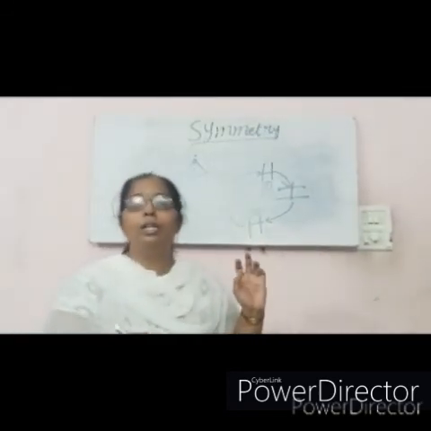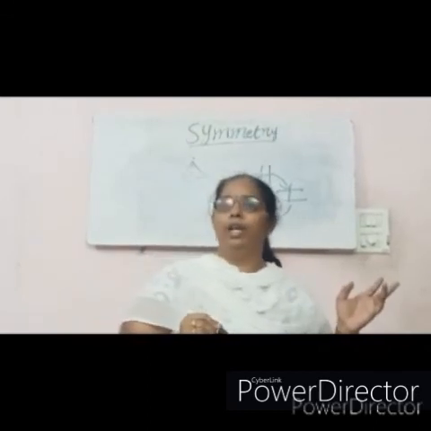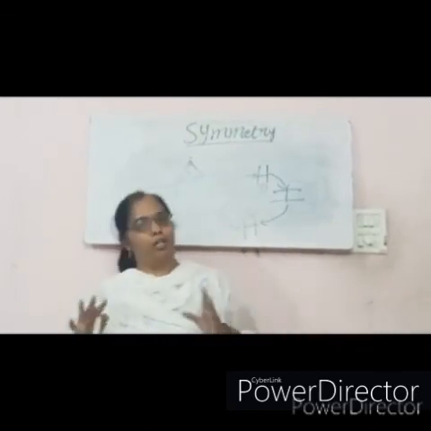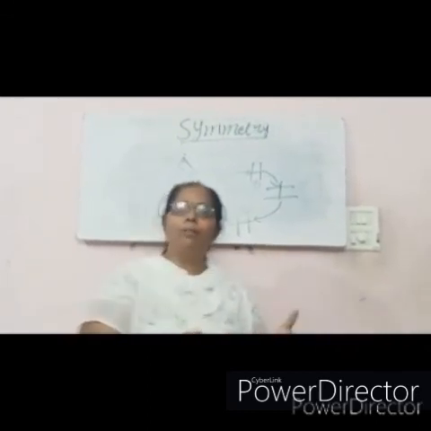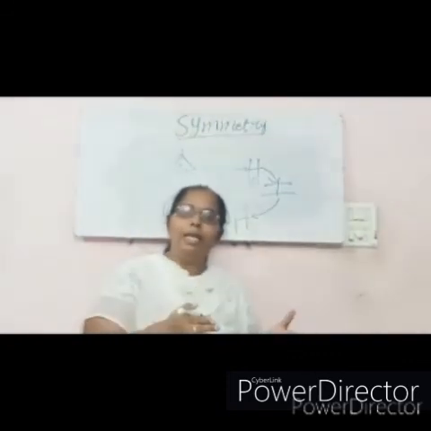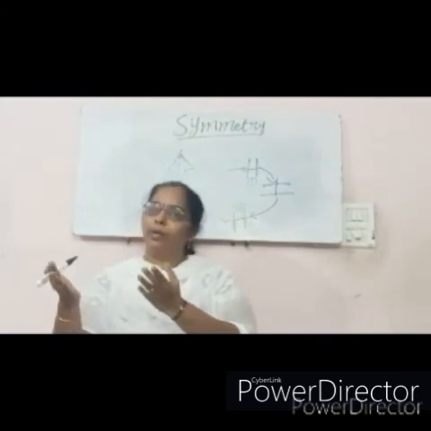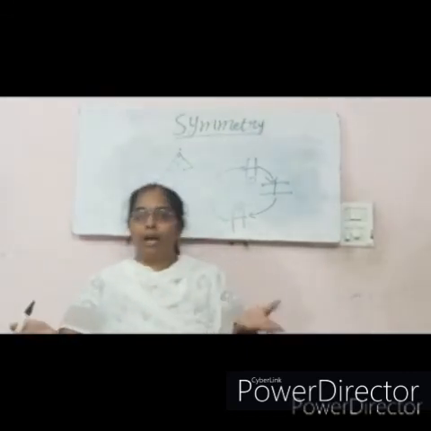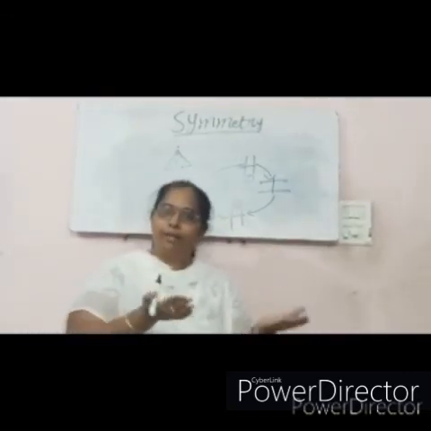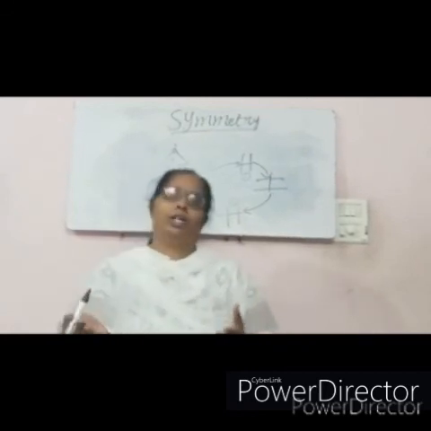So, all the images do not have both line of symmetry and rotational symmetry. For some images, you will have only a line of symmetry, for some images, you have a rotational symmetry, and for some, you have both line of symmetry as well as rotational symmetry.